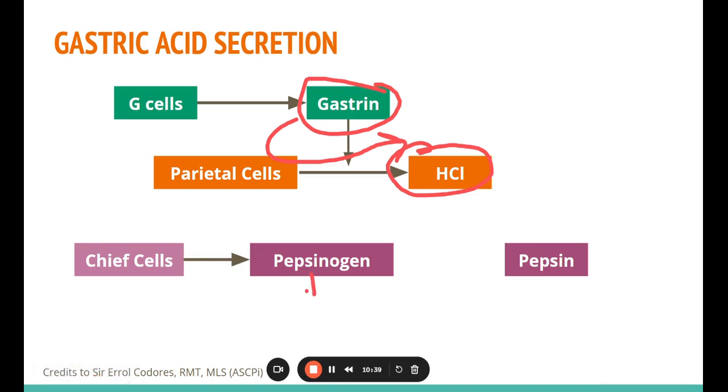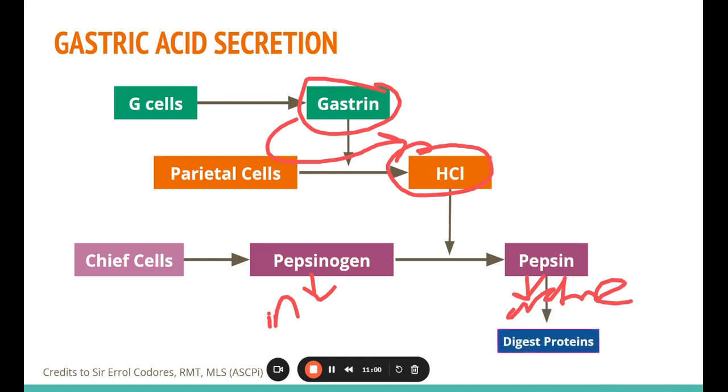Since pepsinogen is still inactive, it needs HCl so that it can become pepsin, which is the active enzyme. This pepsin can now break down and digest proteins. The proteins are turned into smaller polypeptides and then into amino acids for better absorption.